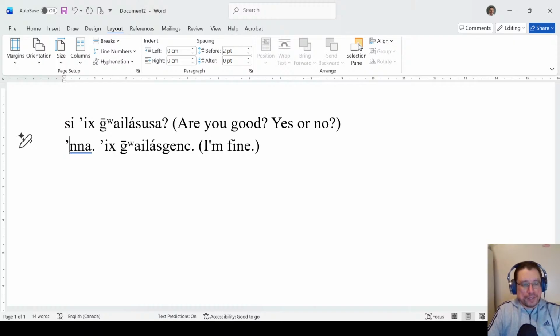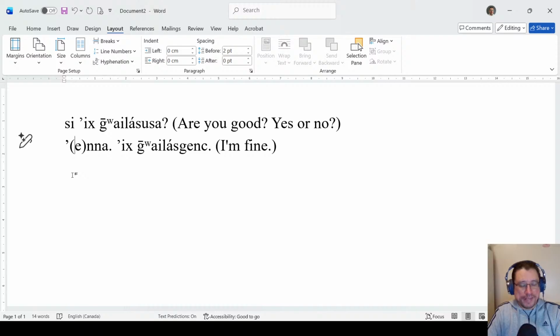And something else that I added was an apostrophe, because that's basically the word structure. It's n, and you can imagine it being, oops, Word is making changes when I don't want it to. You can imagine it as kind of a silent E, which makes an sound. So sometimes you'll hear people say "na" like I do.